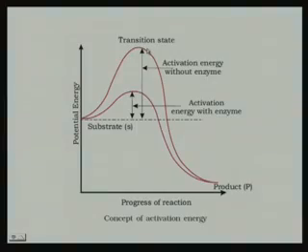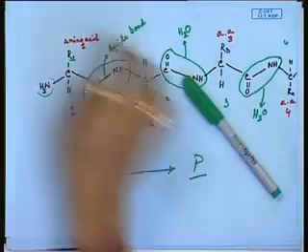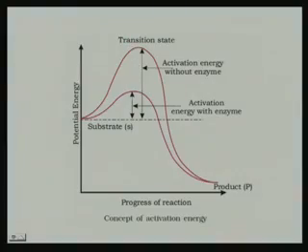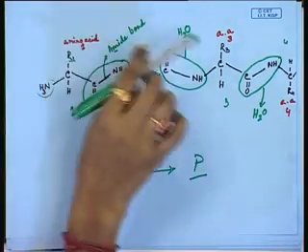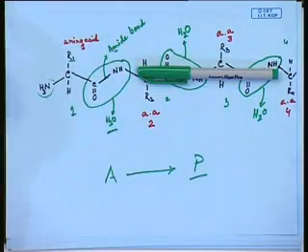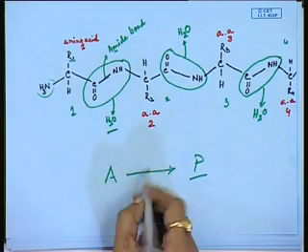This is the top of the energy barrier separating the reactant, that is A, from the product, which is P. Now, how can A produce this product P? There are two ways in which the rate of chemical reactions can be accelerated.